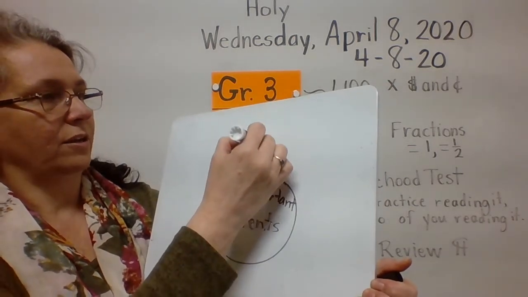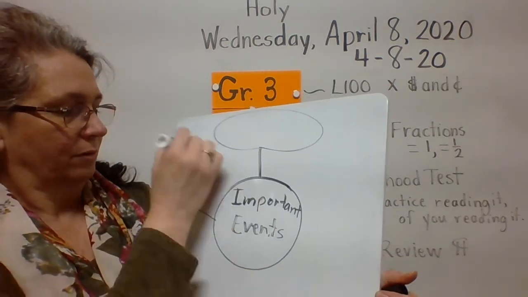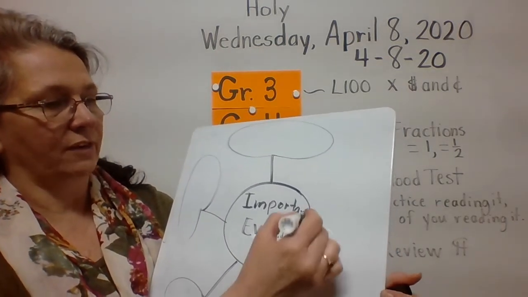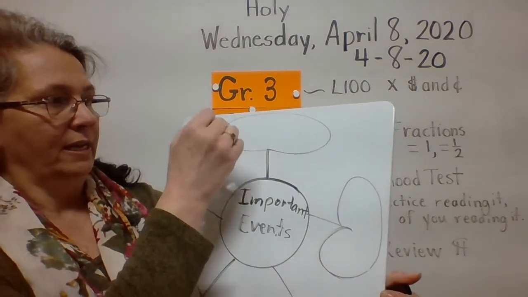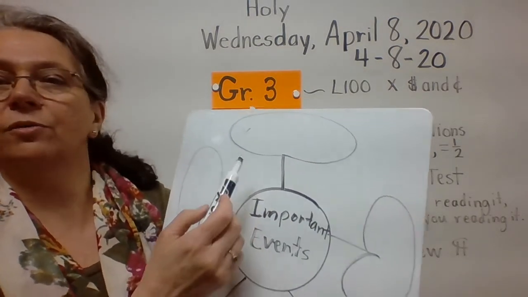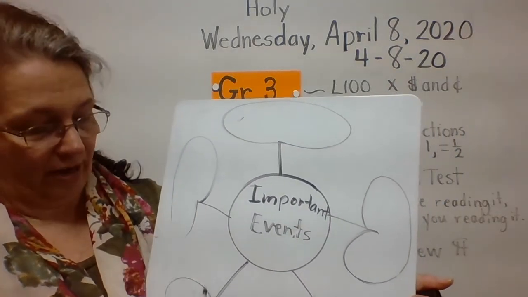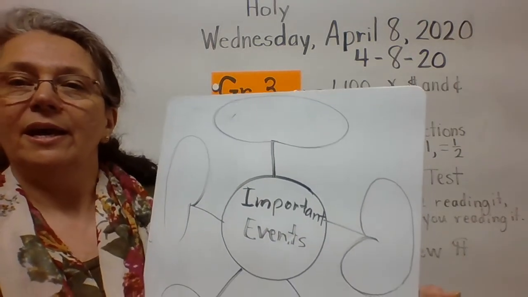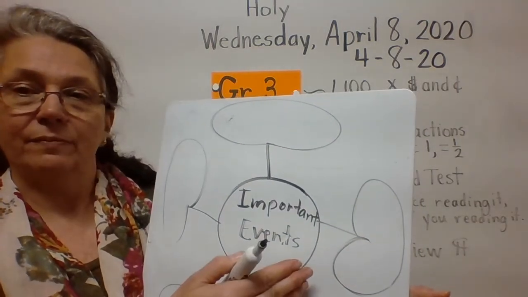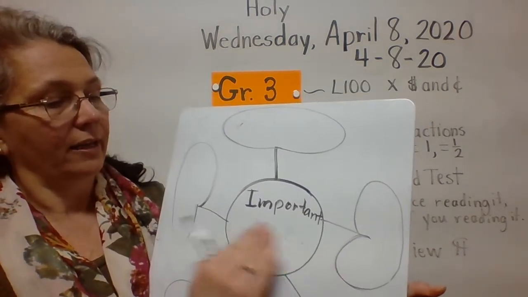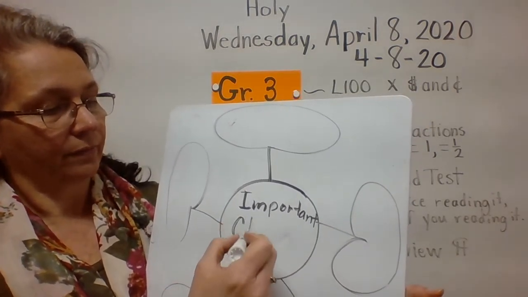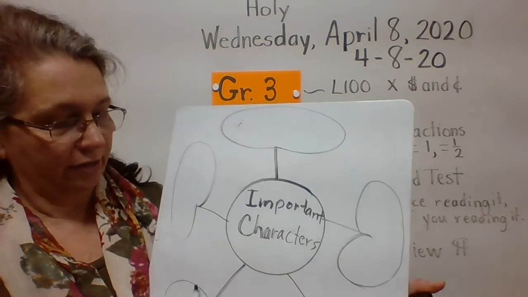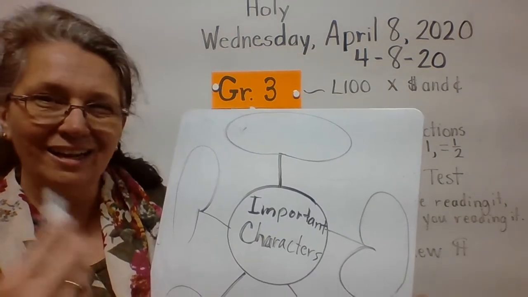Think about 4 or 5 important events and just give a real brief description of each of these. So one important event would go there, one important event in another spot, another important event, another important event. Maybe you'll have only 3, but make a web of important events. Then in a separate spot, important characters. List who you think are the important characters. That can kind of get you thinking about it.